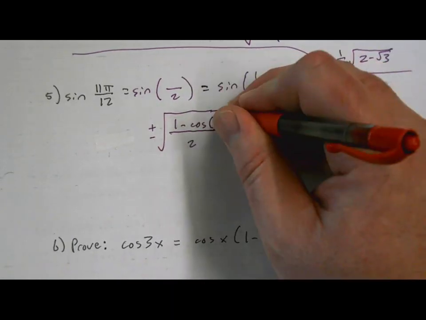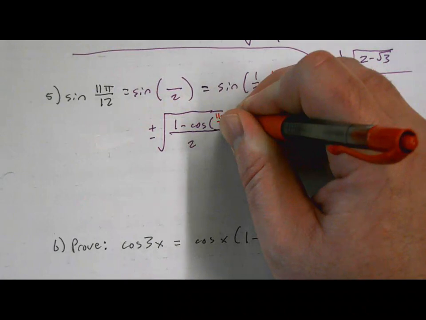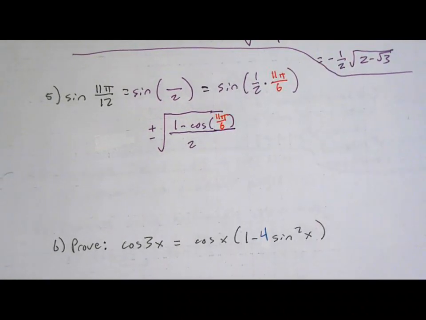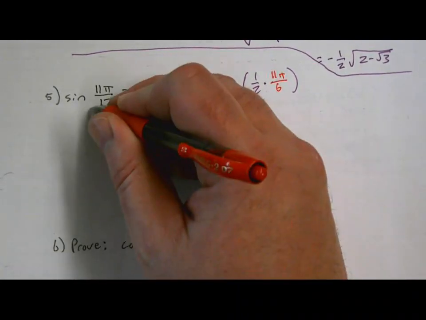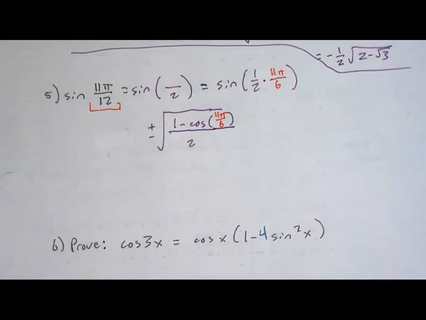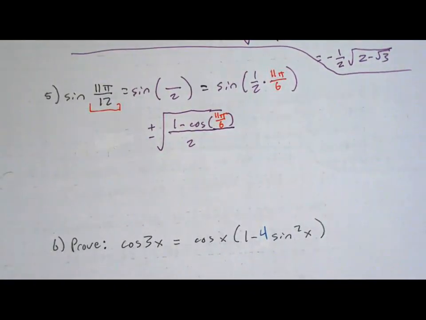And are we okay with this? Do we know the cosine of 11 pi over 6? Yeah, we know our over 6s. Those are on our wheel of fun. And if we don't know it, we'll be able to look it up. Before we do, though, let's think about whether it's a plus or a minus. So 11 pi over 12, that's less than pi, right? Not much. It's really close to pi, but it's less than pi.